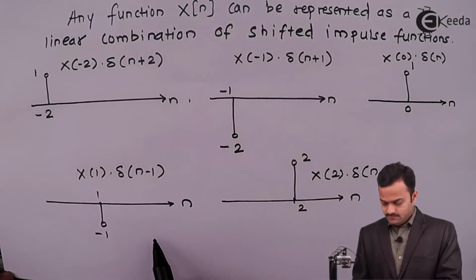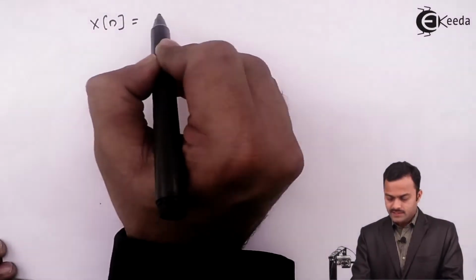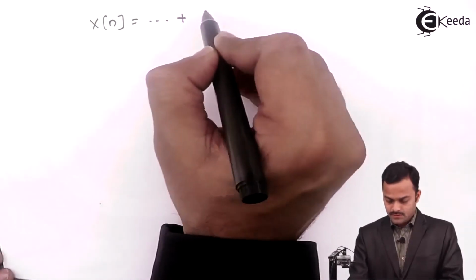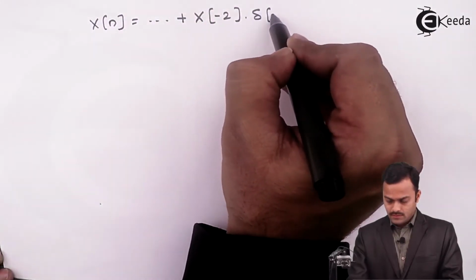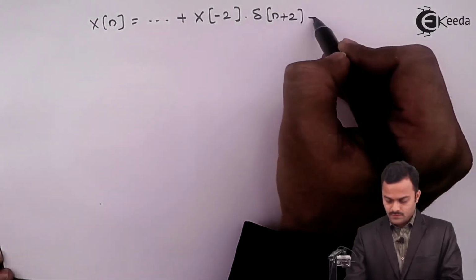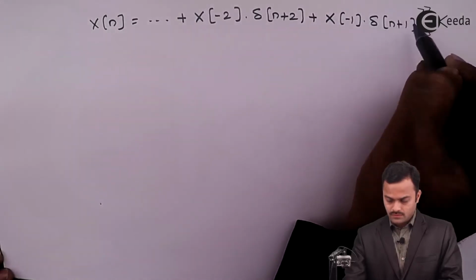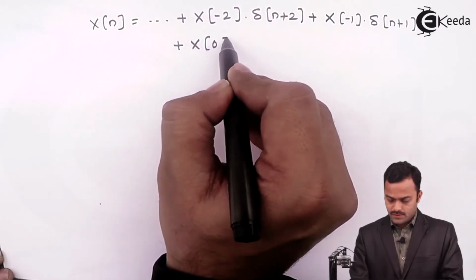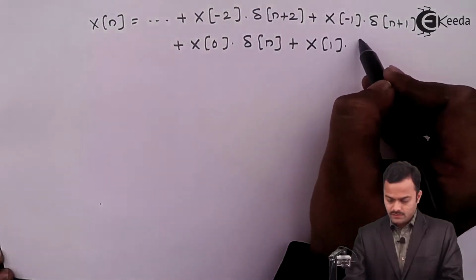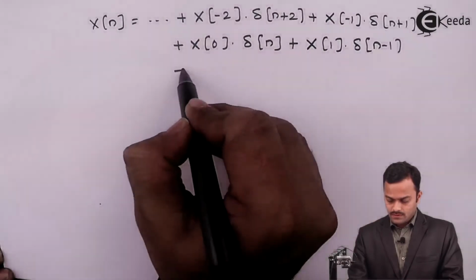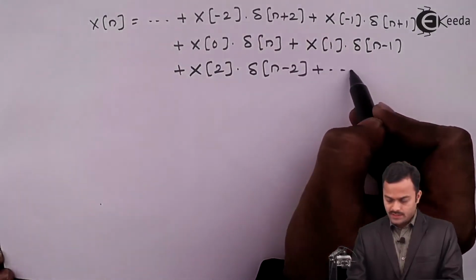So I can say x of n is, continuing from -infinity, plus x of -2 into delta n plus 2, plus x of -1 delta n plus 1, plus x of 0 delta n, plus x of 1 delta n minus 1, and x of 2 multiplied by delta n minus 2, and it can continue.